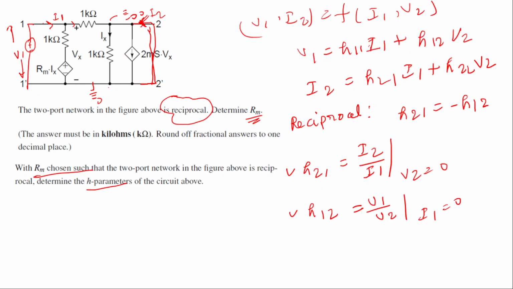So what will be the current in this 1 kilo ohm resistor? It will be just V1 by 1k.